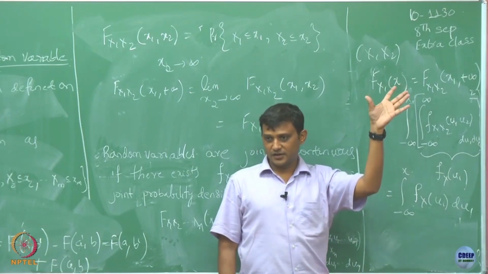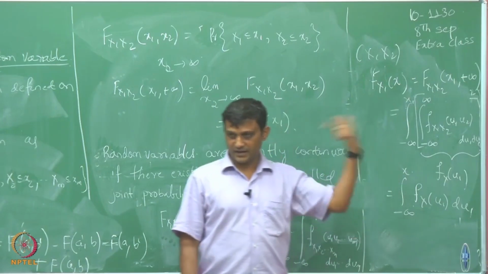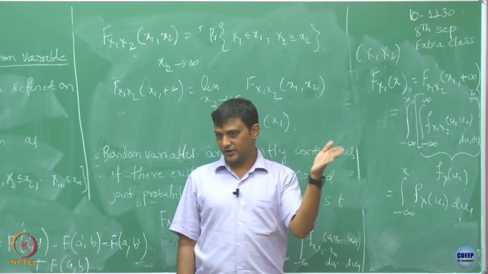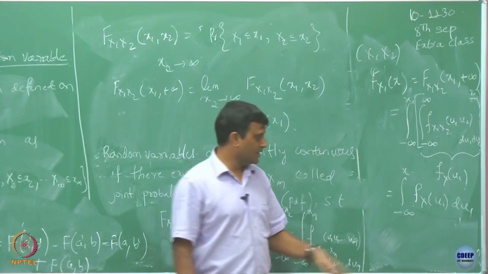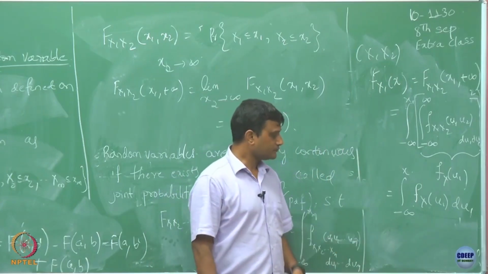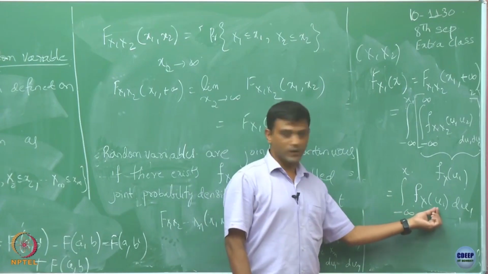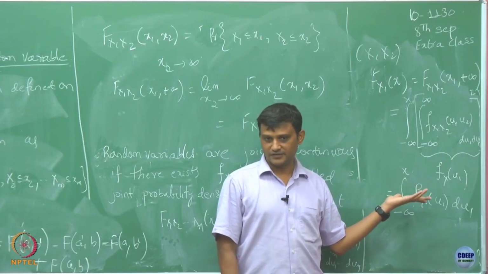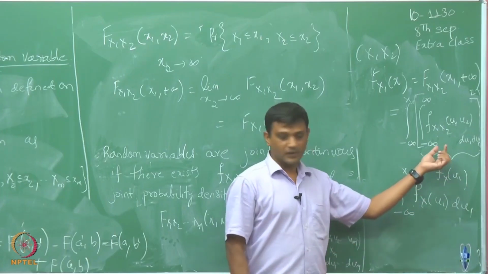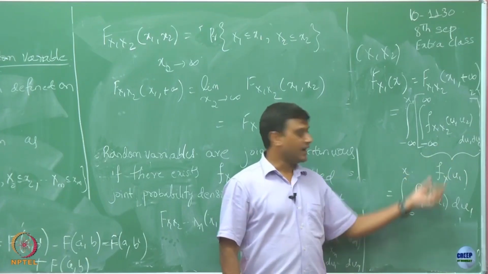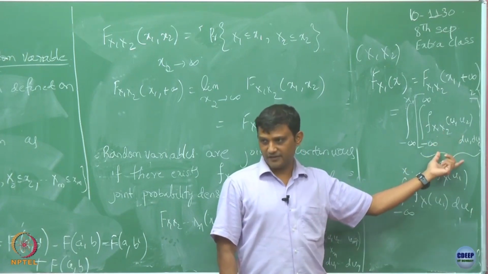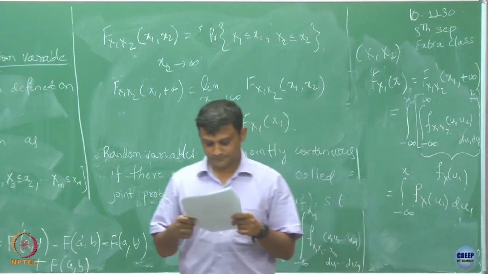So jointly continuous, we are recovering our earlier definition of a continuous random variable for a single random variable, and this f of x1 of u1 is going to be called the marginal PDF of x1.